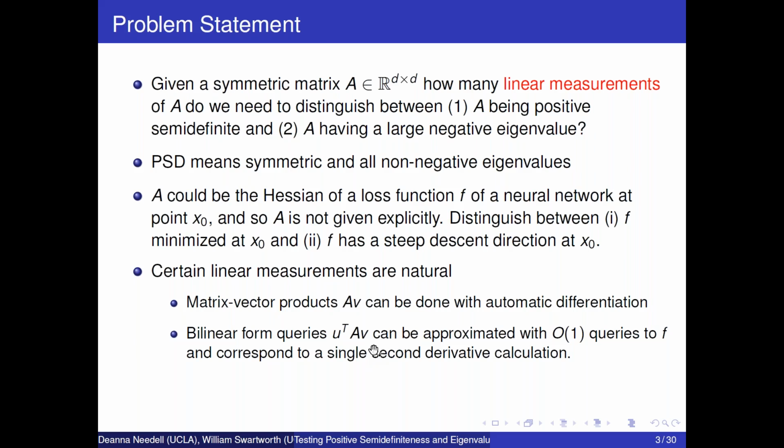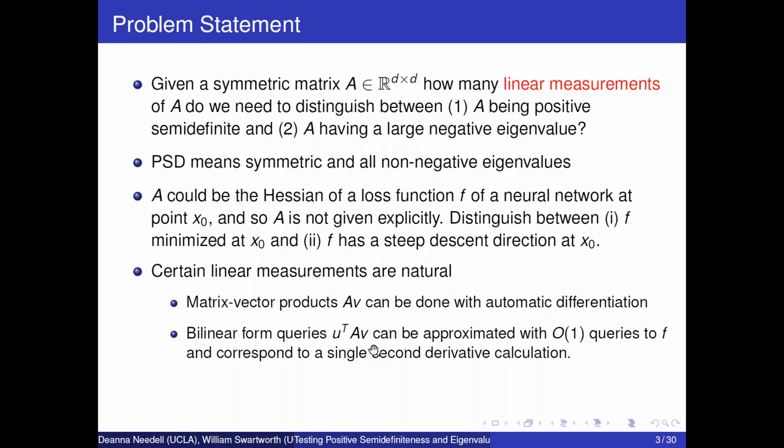Another example is bilinear form queries. Here, you compute U transpose AV. This is just a number instead of a vector, and you get to choose U and V. You observe this number, and then you get to choose your next pair U and V, and so on. So this is a way of adaptively accessing A. And interestingly, again, A does not need to be specified explicitly.